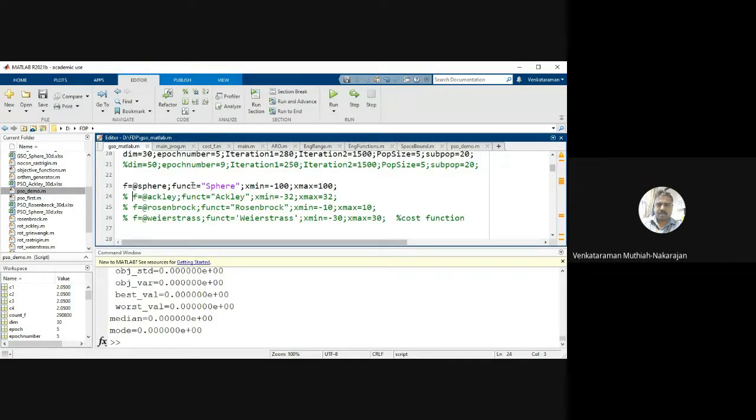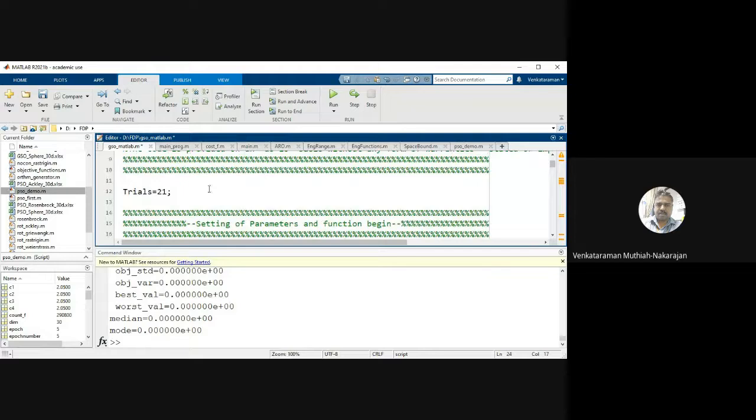I'll highlight the ACLI function and run it 51 times. The trials indicate independent trials. You run the same algorithm 51 times and generate 51 results. So I'm asking MATLAB to run the ACLI function 51 times.